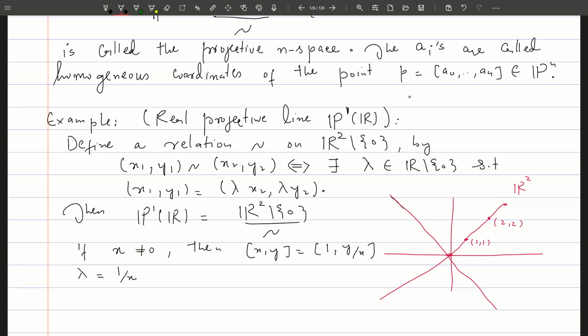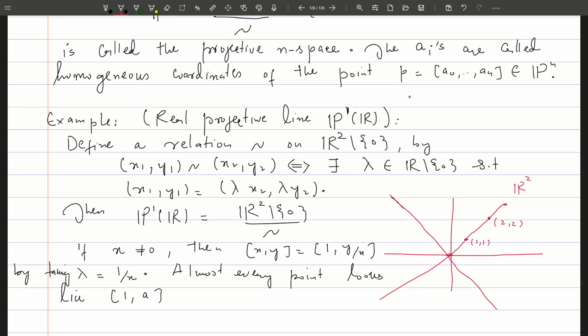So that means almost every point on this line looks like the point 1 comma a.